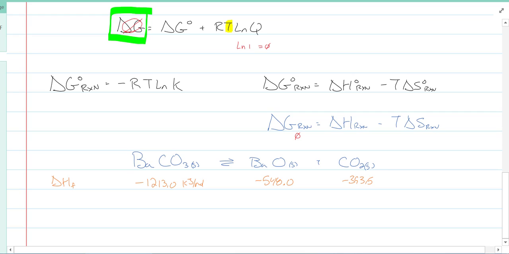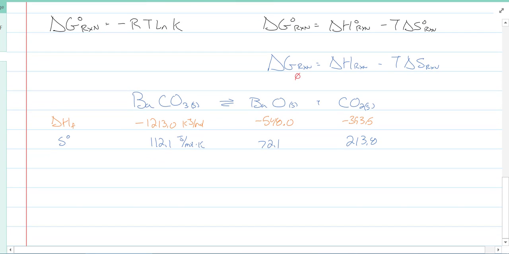Our standard entropy values will be 112.1 joules per mole Kelvin, 72.1, and 213.8.